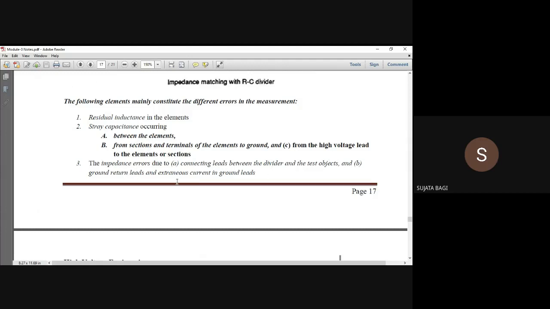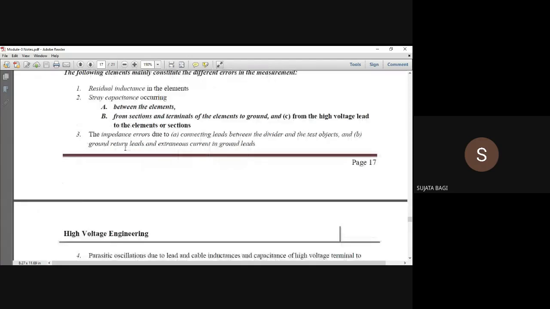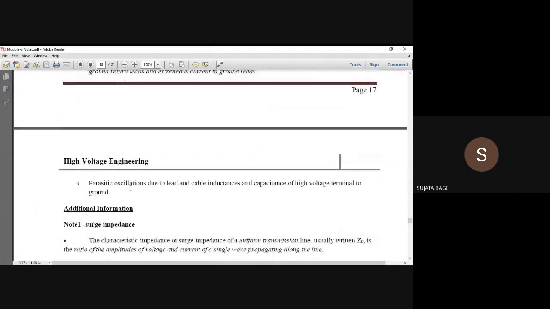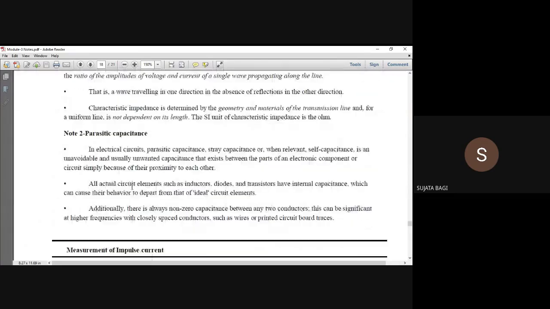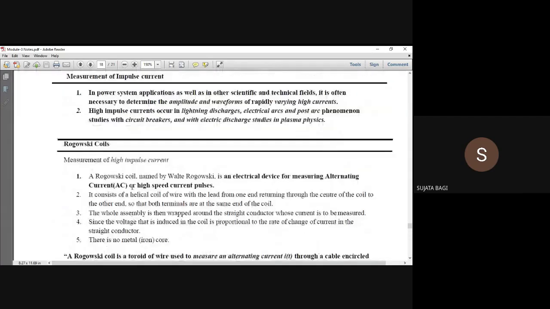Sometimes parasitic oscillations also take place. This is all about mixed RC dividers, and about the different types of divider circuits.